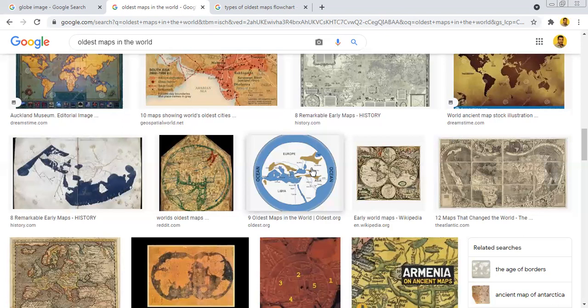Those are called latitudes. With the help of these two kinds of lines, they drew a grid on the map and located all places from east to west and north to south along these lines.